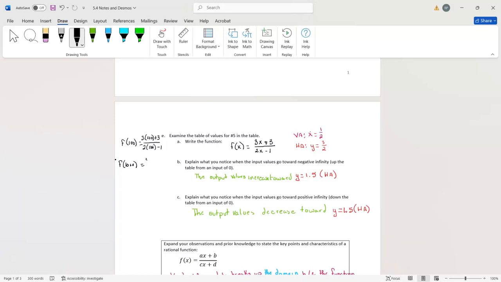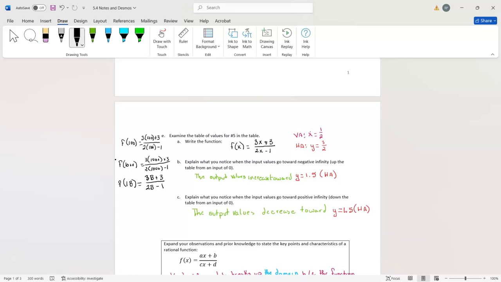Now we have 3 times 1,000, or 3,000, plus 3, over 2 times 1,000 minus 1. So now we have $3,003 divided by $1,999. If we go to $1 billion, now we have 3 billion plus $3 and 2 billion minus $1.